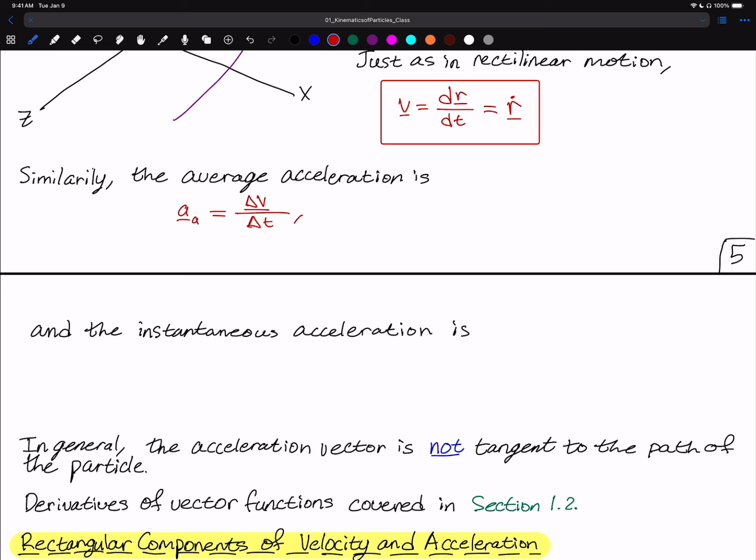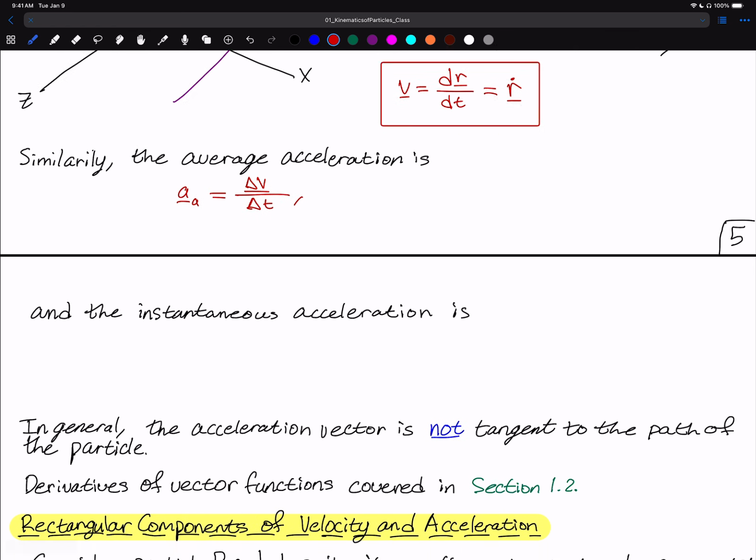And the instantaneous acceleration we're going to find by taking the derivative, or taking the limit as delta t goes to 0.